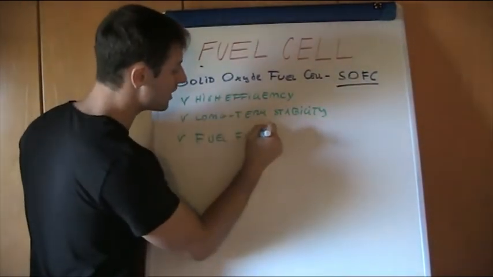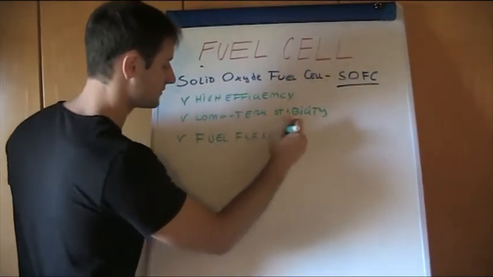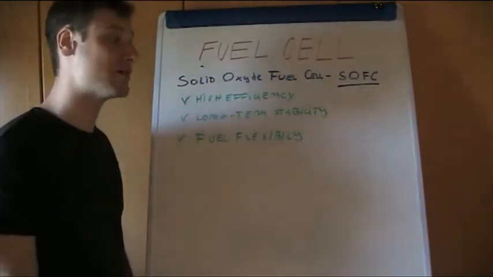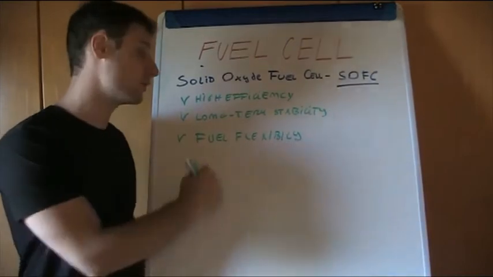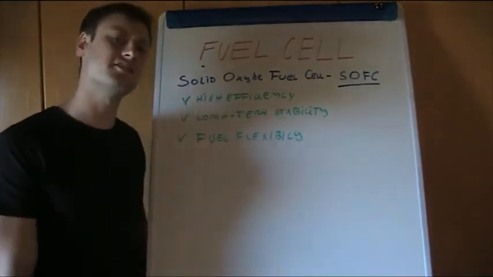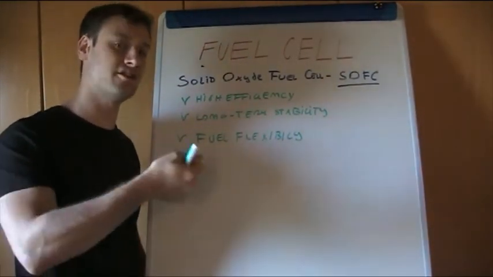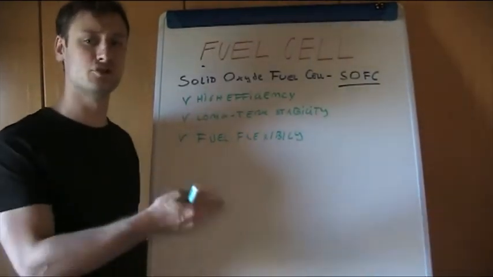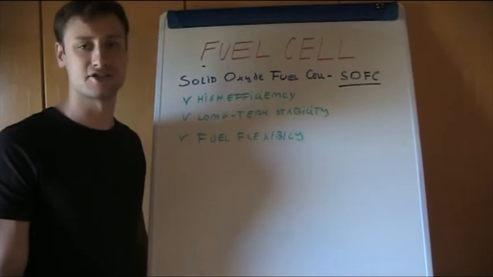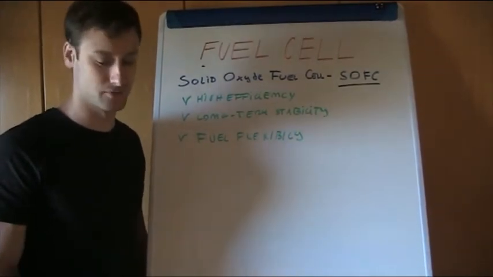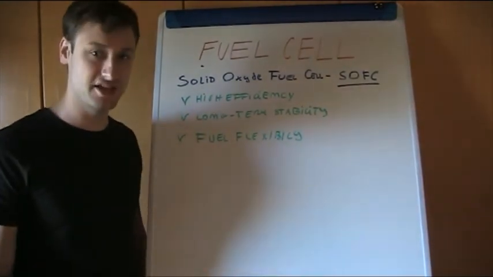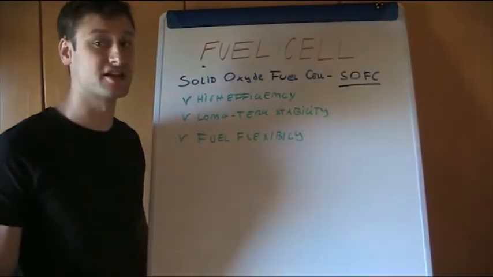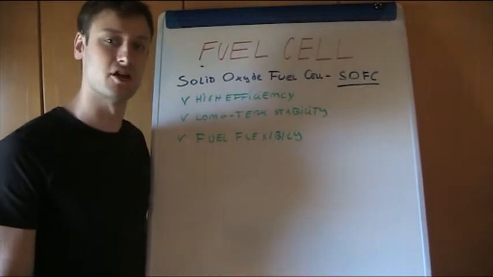This is probably one of the most important aspects, considering the possibility to use directly carbon monoxide together with hydrogen. And this literally means that we can proceed with an internal reforming directly in the anode, or maybe also introduce fuel gas as a source of fuel. We will see these aspects in a moment, but the fuel flexibility is probably one of the most interesting aspects of this type of technology.